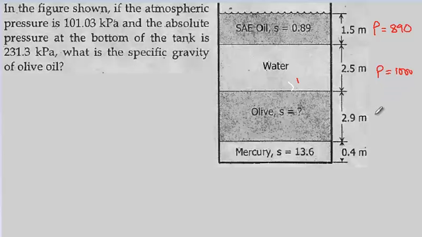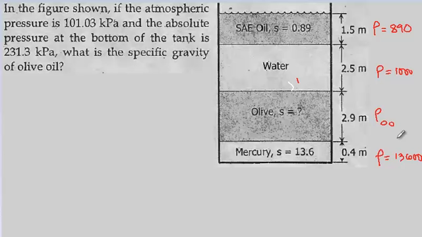Rho of olive oil is what we don't know at the moment. Mercury, of course, is 13.6, so the rho will be 13,600. Simple as that.